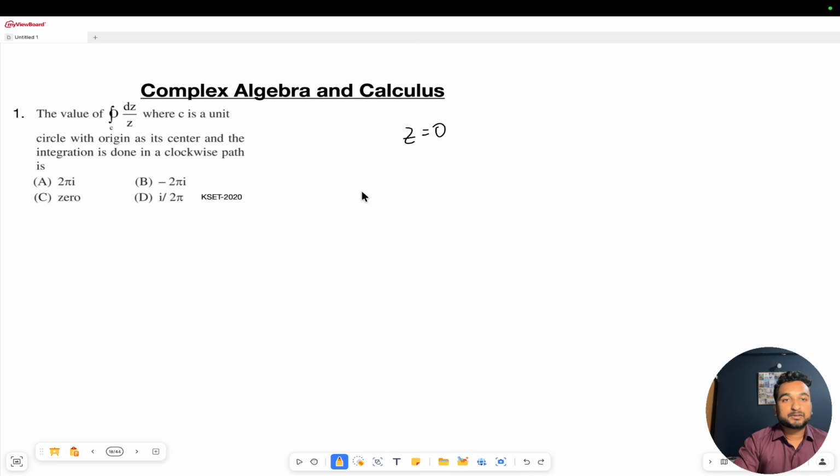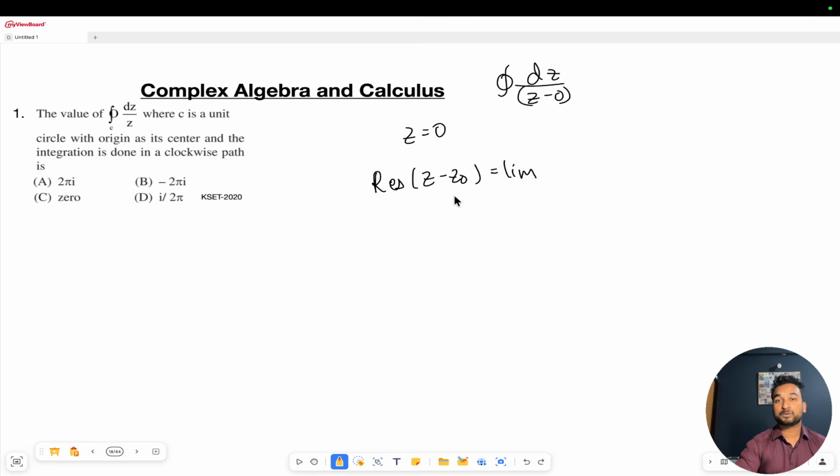Calculating the residue here: residue at z equals z0 will be equal to limit. Here z0 is 0, because this integral you can write like this, dz upon z minus 0. So from here you get z equals 0 as your pole of order 1, that is a simple pole.